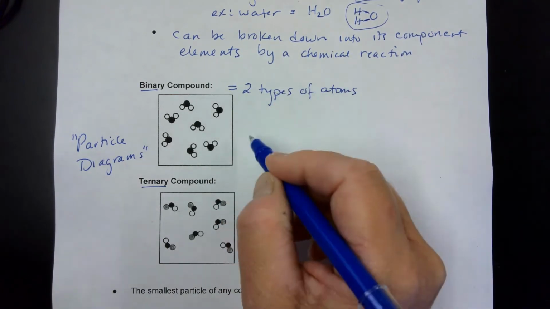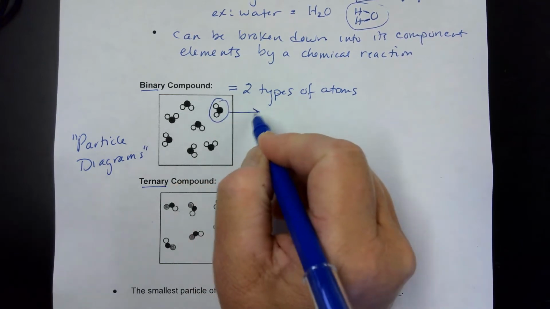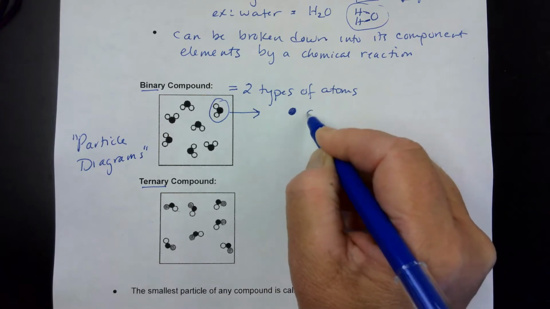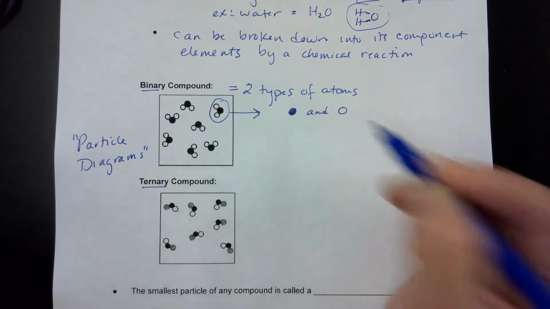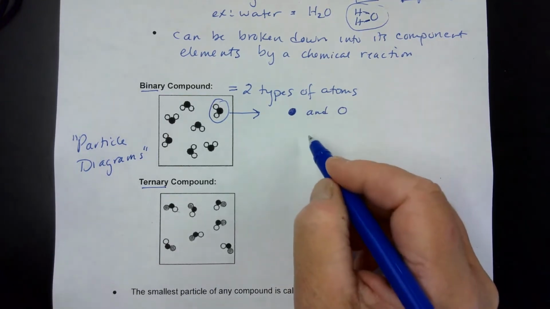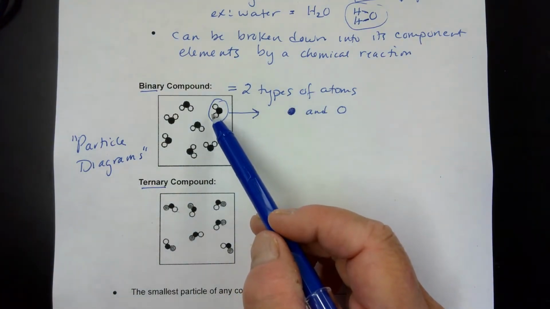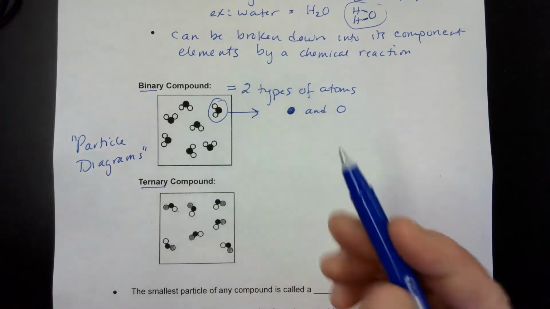And in this particular picture, this right here has this type of atom where it's completely colored in, and it has this kind of atom. So binary, two types of atoms. Again, it doesn't mean that there has to be only two atoms, just two different types.